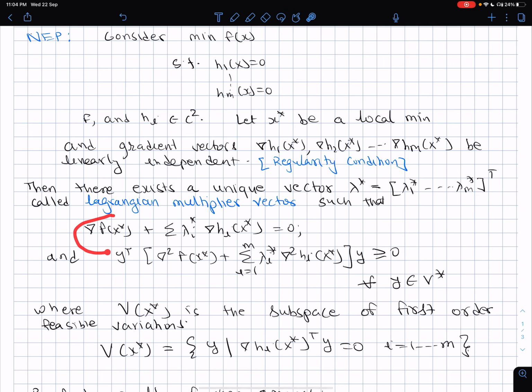So you can just take this on the right hand side as minus gradient of f of x star.